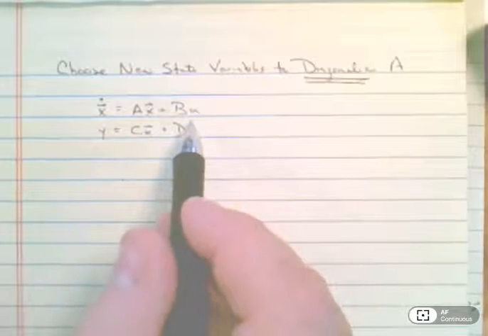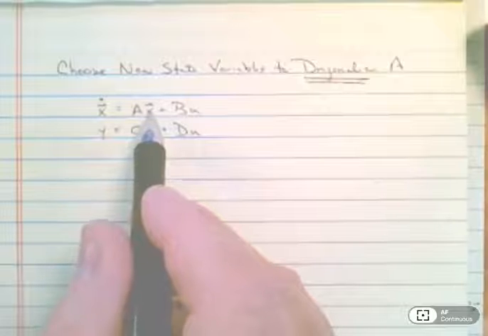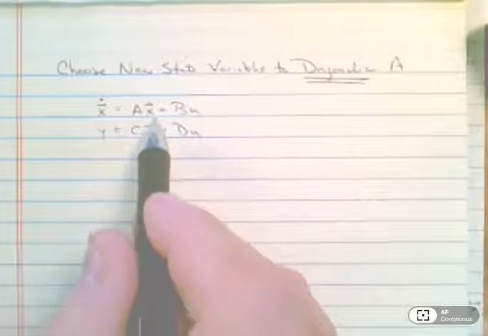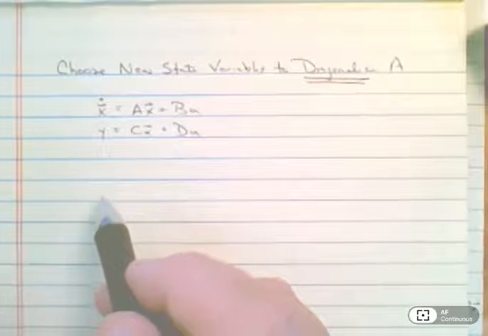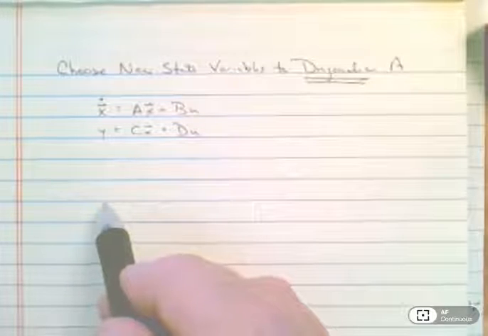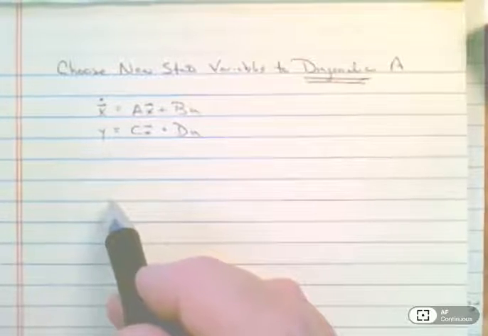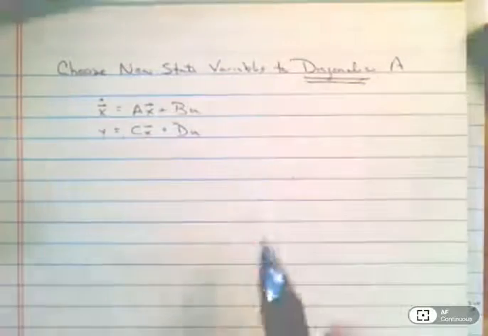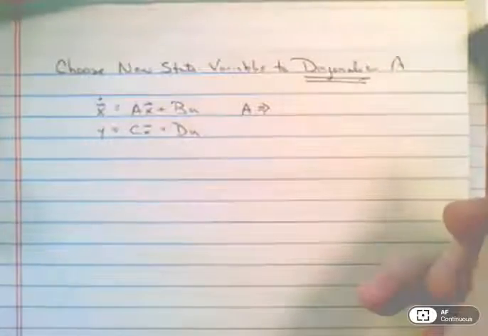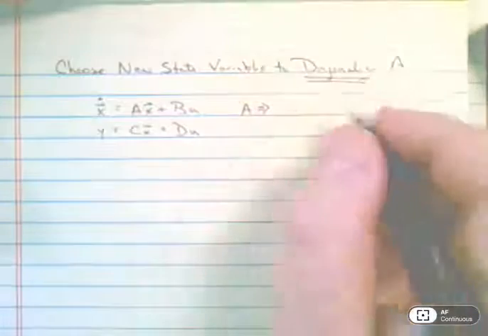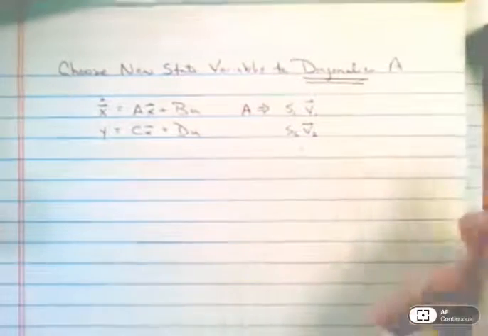And now I want to do a change in variables. I want to choose a different x vector in general, so that I rewrite the equations and the A prime matrix, or the new A matrix, is now diagonalized. In general, when we started, it will not be a diagonal matrix. Well, it turns out that I can take the A matrix and find the eigenvalues and their associated eigenvectors. So I can find eigenvalue 1 and its associated eigenvector 1, eigenvector 2 associated with eigenvalue 2, and so on.